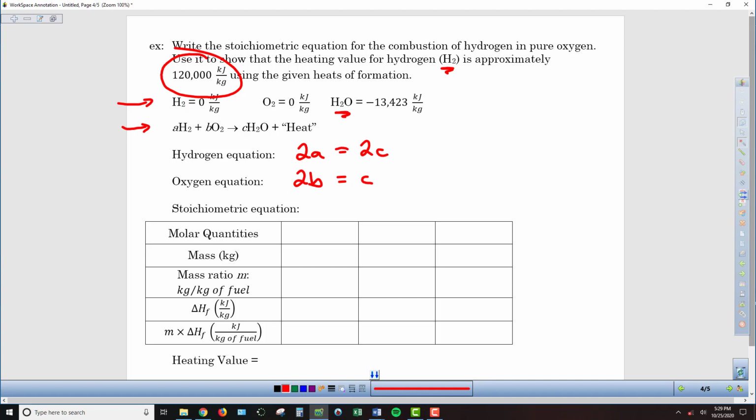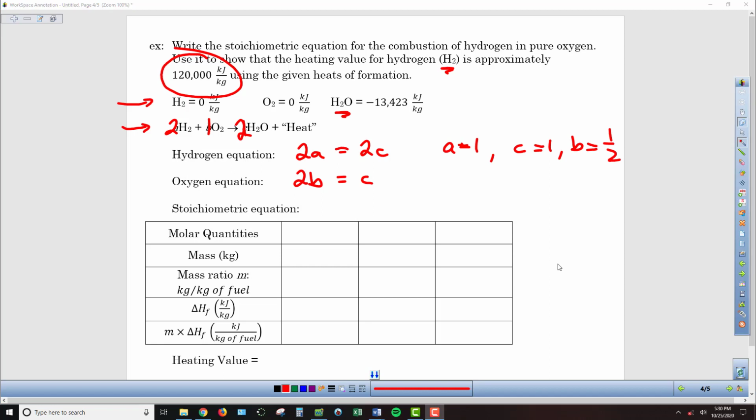And so with too many variables, not enough equations, if we set A equal to 1, we can see that we end up with A is 1, we get C is 1, and then B is 1/2. So if we just multiply everything by 2, we'll get 2 hydrogen plus 1 oxygen yields 2 water, and then plus the heat that's being released.